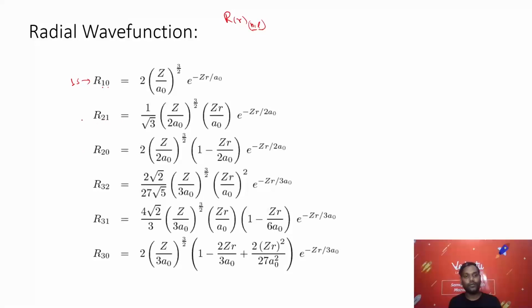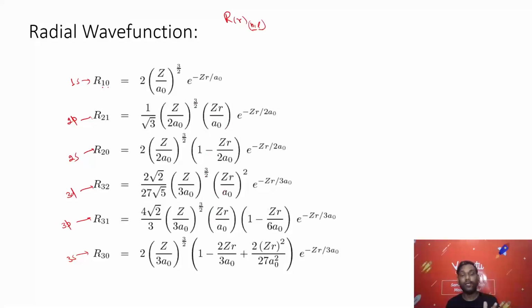This 2, 1 must be representing one of the orbitals of the 2p subshell. This is 2s, this is 3d, this is 3p, and this is 3s orbital.